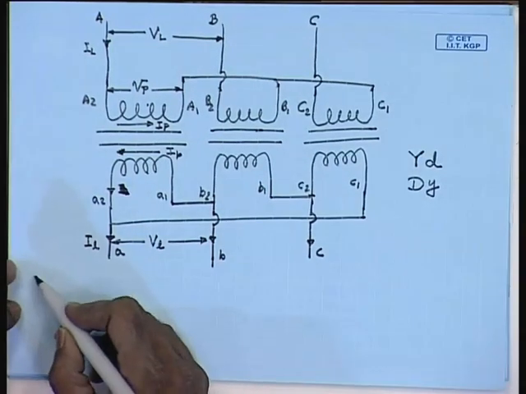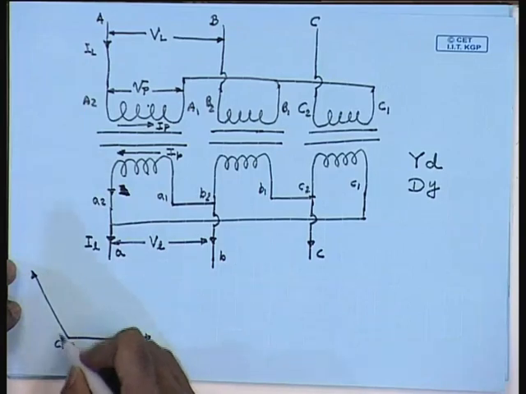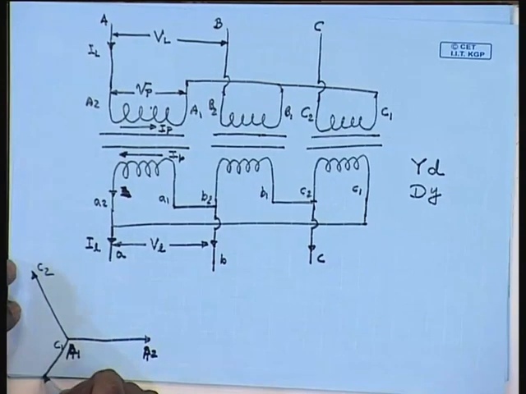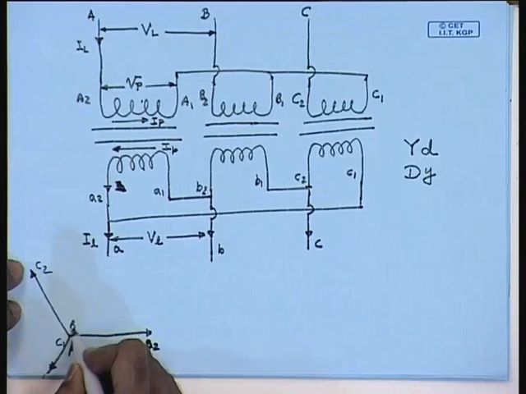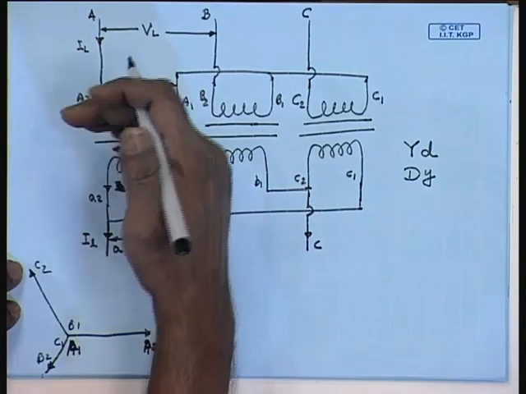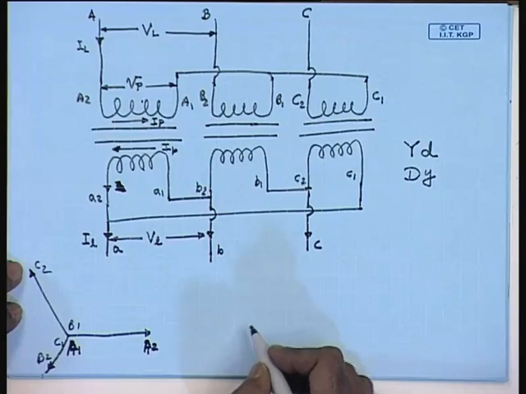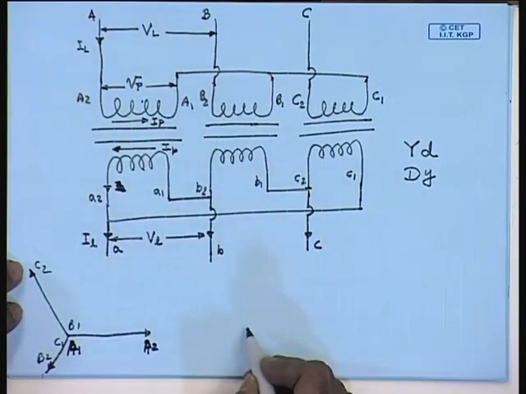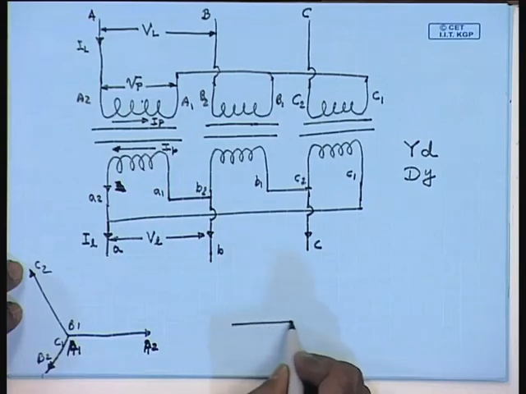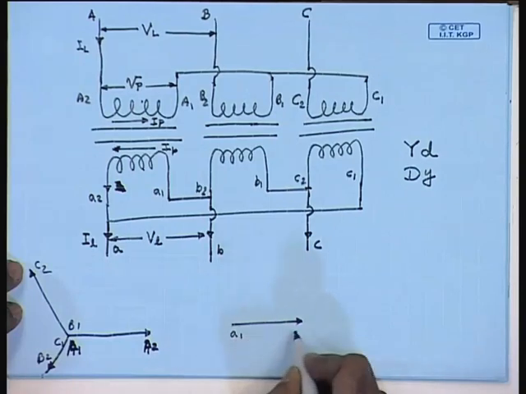This is the phasor C1, C2, and this side is the phasor B1, B2. So, the corresponding winding voltages will be in phase. So, the voltage V_A1A2, this is A1, this is A2.